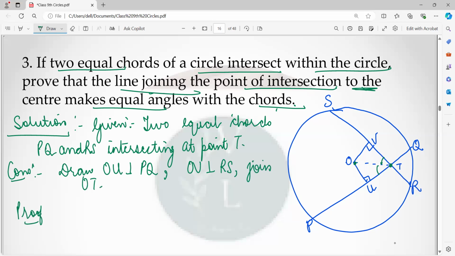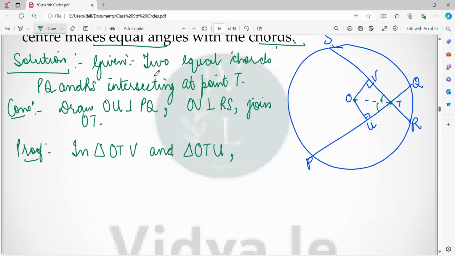Now we'll prove that angle OTV is equal to angle OTU. So for that, again, take the triangle OTV and triangle OTU. Like in the previous question, again, we'll prove the two triangles congruent. So OV is equal to OU.